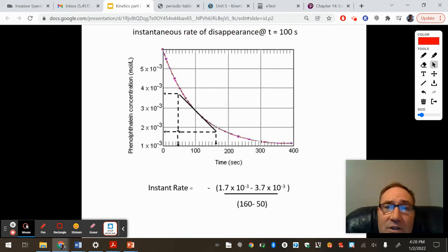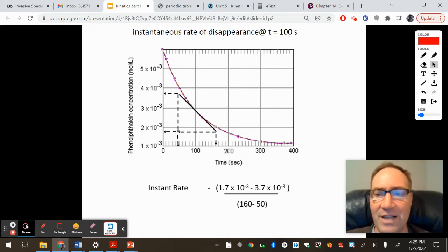Now, if I was to do the instantaneous rate at a given time, so this is the same one, and they're saying you need it at exactly 100 seconds, and here's 100 seconds. So I draw my tangent line that touches right at the 100. Does everyone draw the same tangent line when they do this? No. In fact, some kids are a little bit off, but you get a good estimate, and that's kind of what this is about.